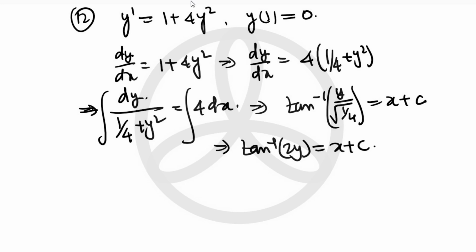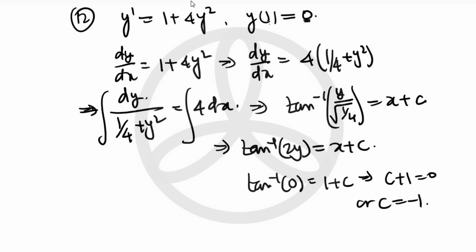It says that when we keep the value of x as 1, the value of y we get will be 0. So this will be tan inverse of 0 = 1 + c, and tan inverse of 0 is nothing but 0. Okay, and this will give c + 1 = 0, or c = -1.